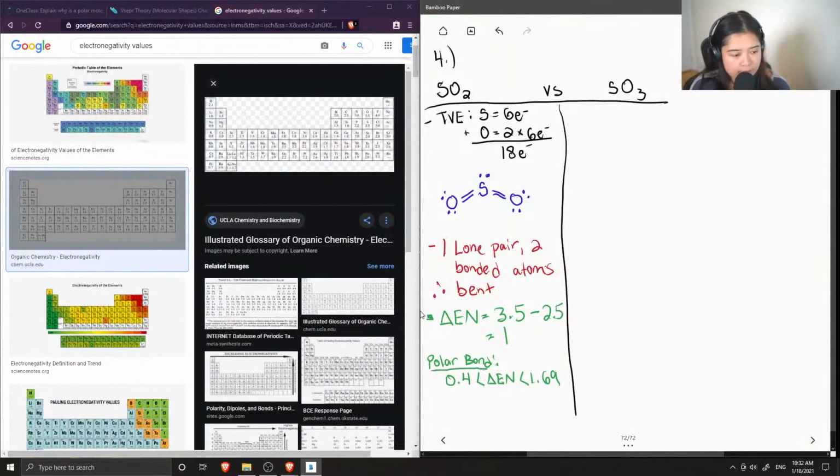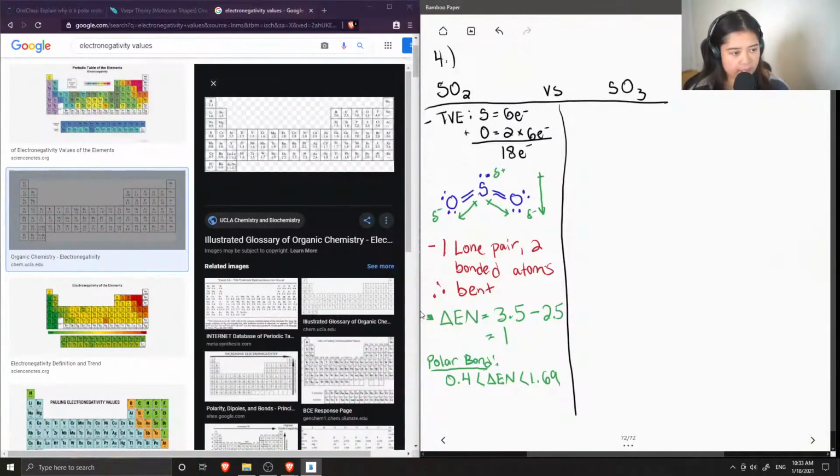So what this tells us is that because the difference in electronegativity between sulfur and oxygen is 1, there's going to be dipole moments pointing towards the oxygens. Kind of like that. So we have a net dipole moment in the molecule going this way, meaning we have partially negative charges and a partially positive charge where the sulfur is.